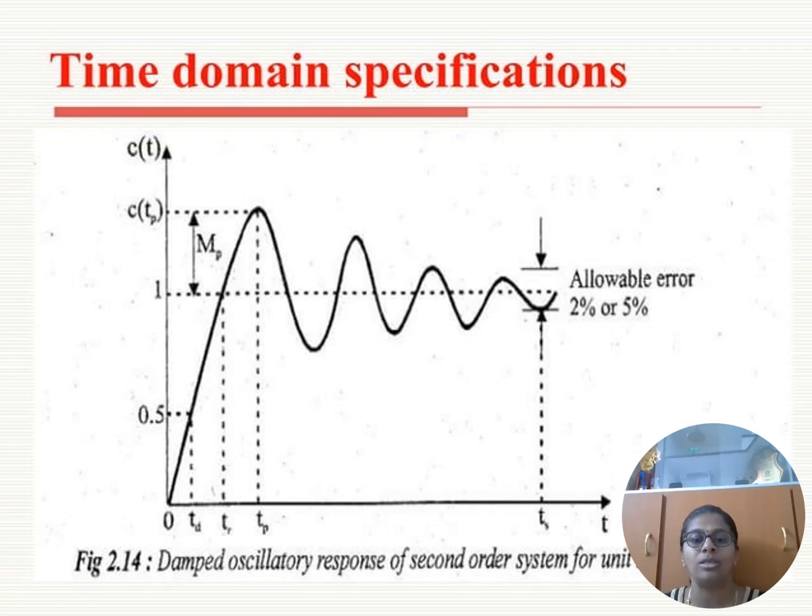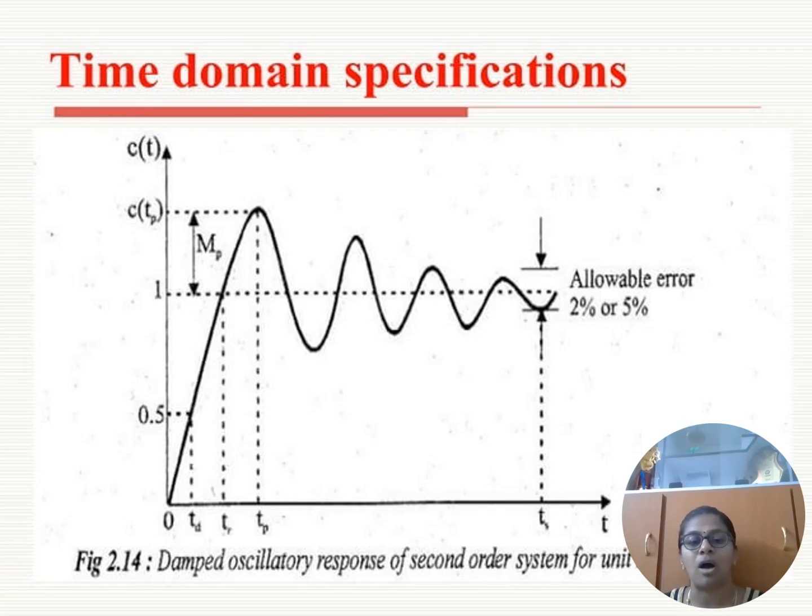The time from the start to the maximum peak oscillation is called the peak time. The difference from the final output to the maximum oscillation is called the maximum peak overshoot.